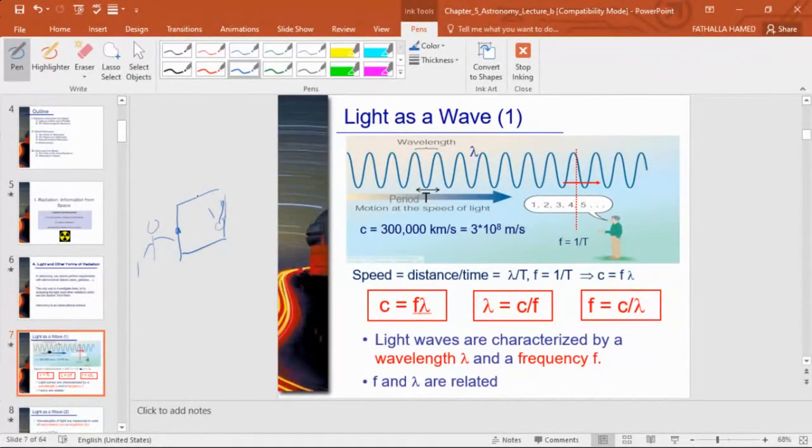And people have attempted to measure the speed of light. When you deal with sound, if you stand far away from a mountain and then you shout, the sound will hit the mountain and then come back to you, and that's an echo.